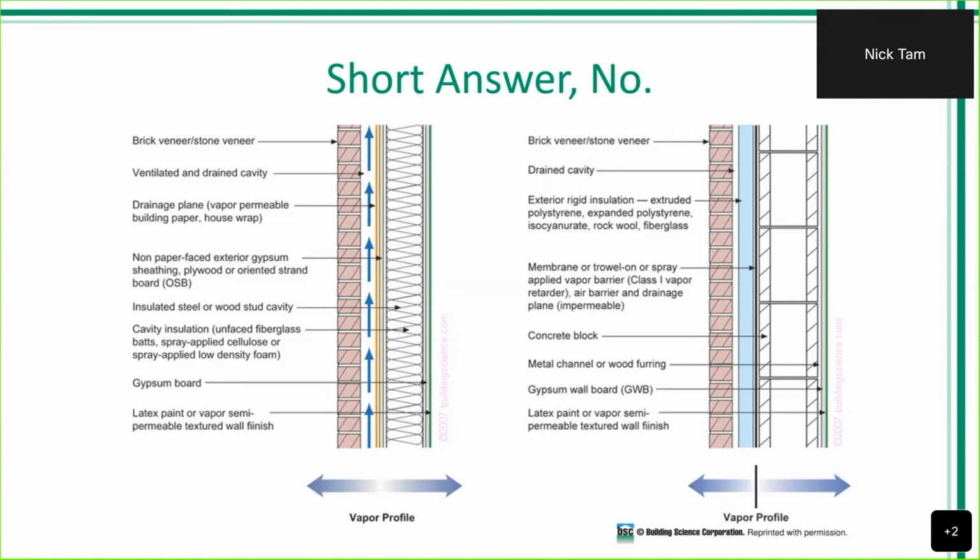And in this case, we have a CMU backup wall, but it's receiving a vapor impermeable layer that also acts as our air barrier and our water control layer. Lastly, it's followed up with rigid insulation. But like I said earlier, this is going to depend on those factors that I mentioned. So this is an introductory presentation, as I mentioned earlier, so we're not going to dive too much into that today.